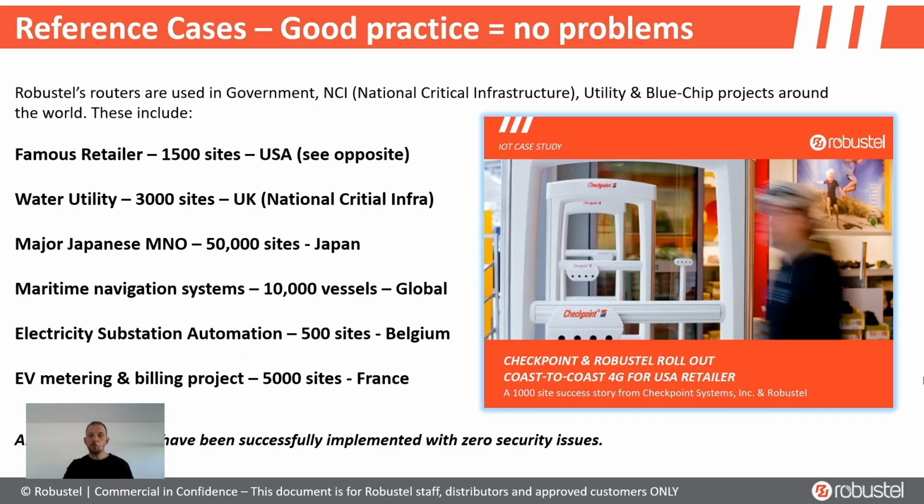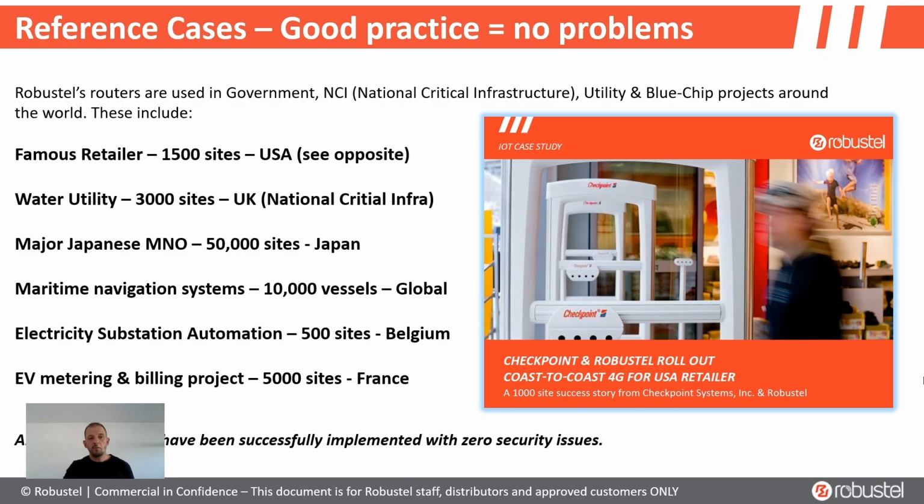And that brings us on to a few more reference cases. Really, the truth behind a lot of the common cybersecurity narrative is, if you follow basic good practice, you'll tend to have no problems unless you are really being targeted, in which case it can be a more complex and a physical security issue as well as just a logical one.